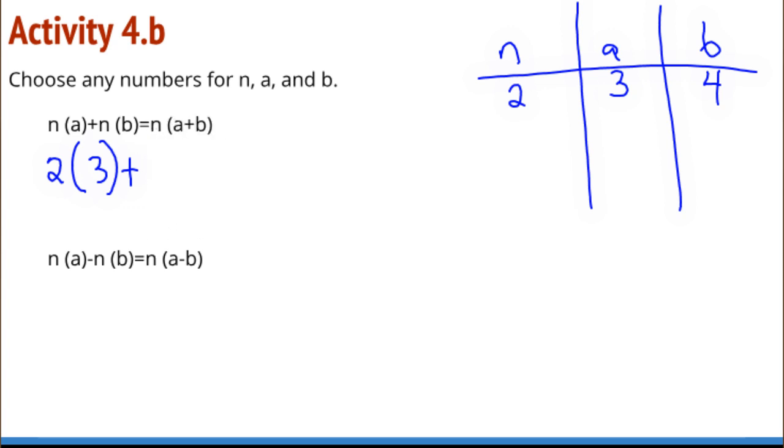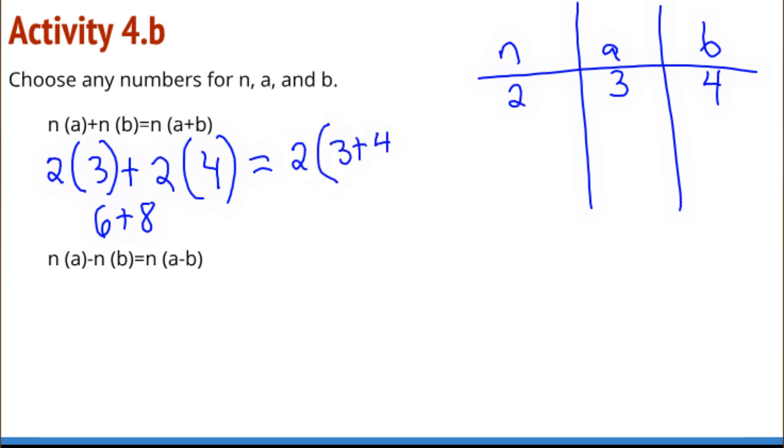N is 2, b is 4. And 2 times 3 is 6 plus 8. And I am testing, is this equal to 2 times 3 plus 4? 2 times 7, which is 14, and 6 plus 8, which is 14. So it worked.